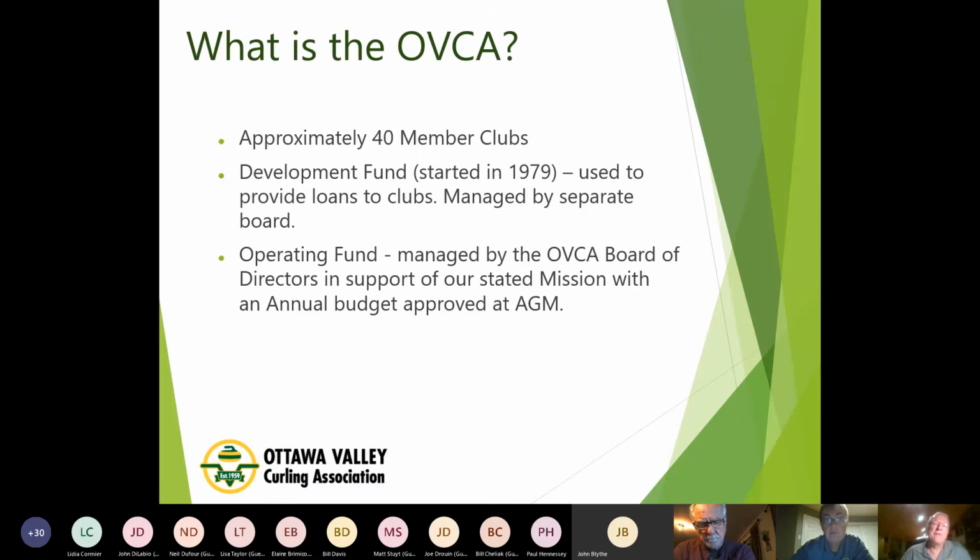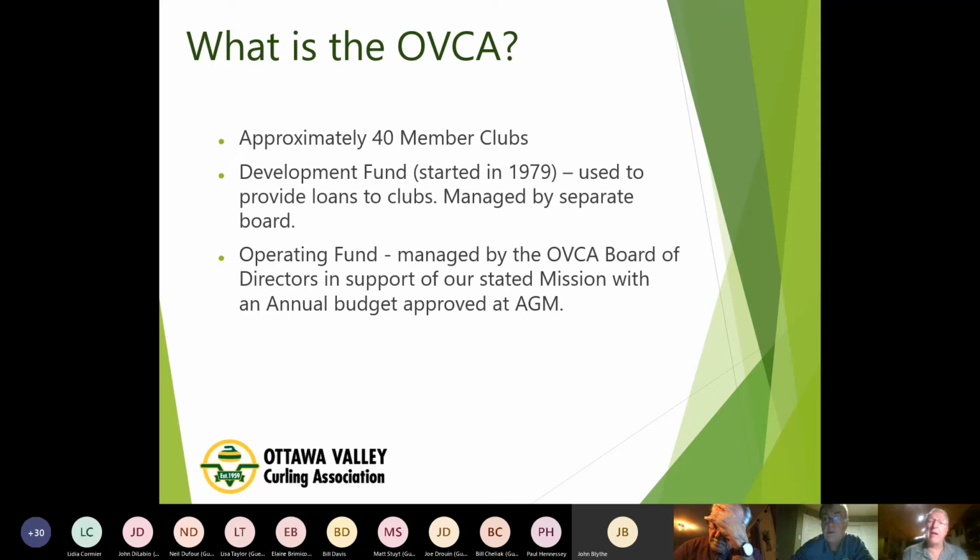There are approximately 40 member clubs. I say approximately. Last year we started with 46, but last year we also introduced a rule whereby curling clubs can only be a member of the OVCA if they're a member in good standing of their provincial curling association. I say we introduced that rule. In fact, the rule was always in our books.